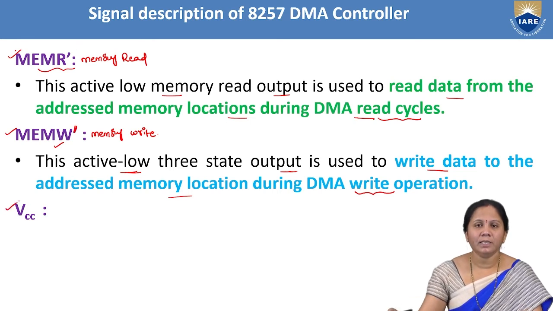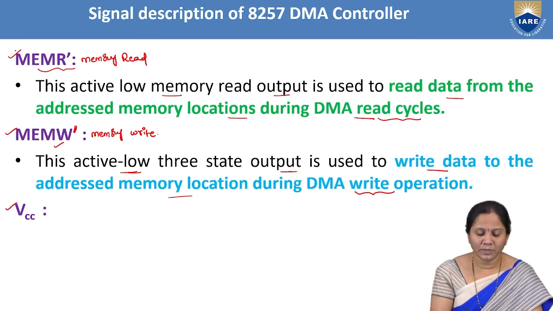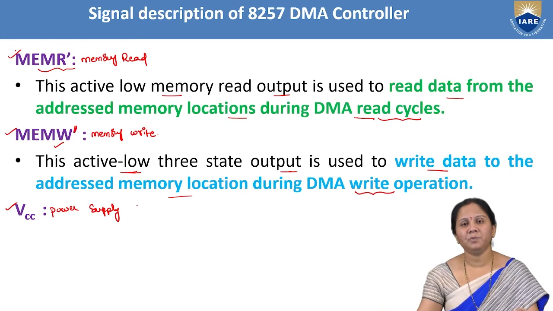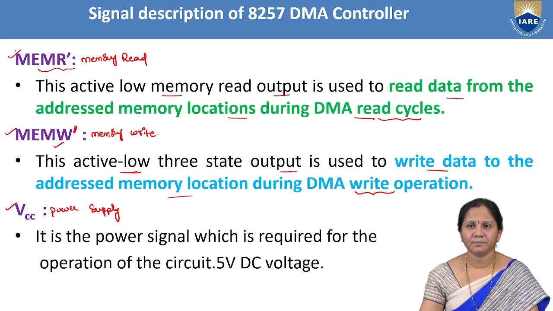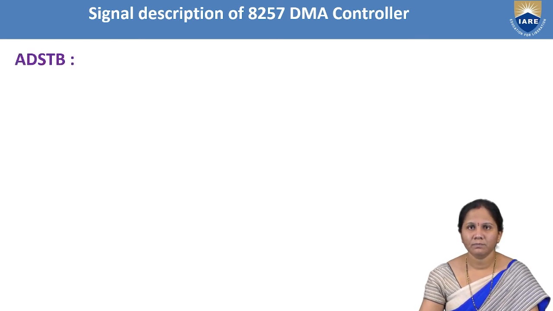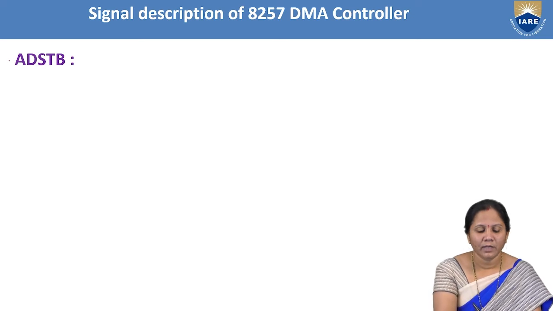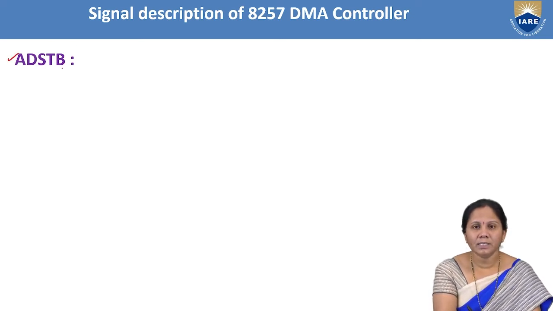And the next signal is VCC. VCC represents the power supply. For this VCC signal, the DC power supply is only plus 5 volts. And the next one is ADSTB.